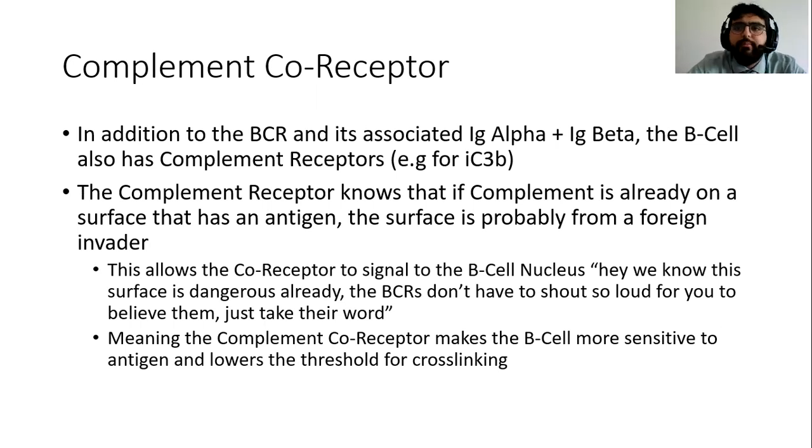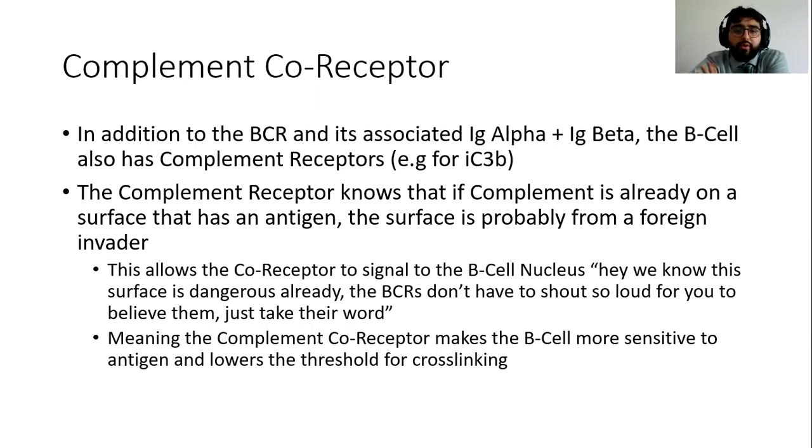Sorry, I had a brain fart there. C4bC2a, which is the MBL or the classical C3 convertase, and the other one being the alternative, right? Anyhow, so you have C3b deposits on the membrane actually go into this more dormant form called iC3b, which is an opsonin, as we established.